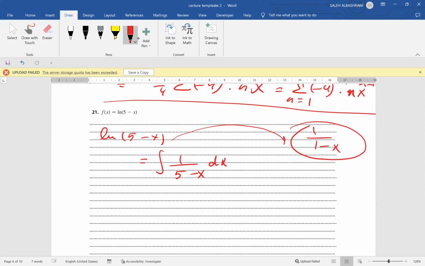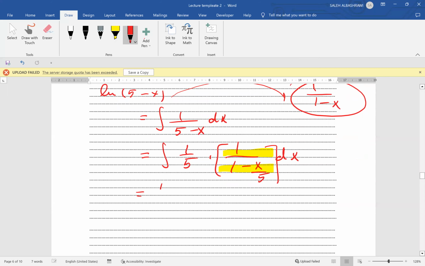So I need to write it as 1 over 1 minus x. I will take 5 as a common factor. This is the integration of 1 over 5 multiplied by 1 over 1 minus x over 5. I can write it in this way, or in this form. Now 1 over 1 minus x over 5 can be written as a power series.